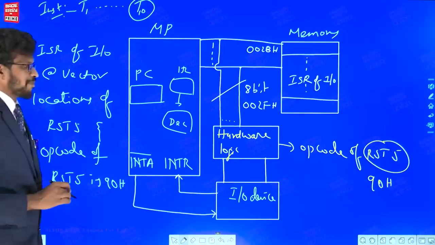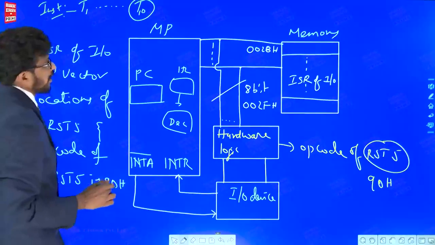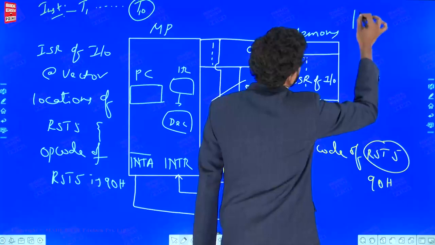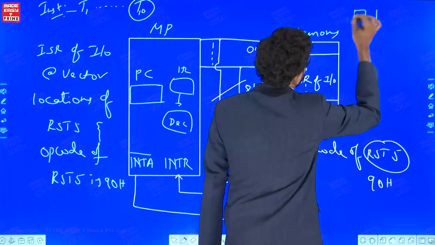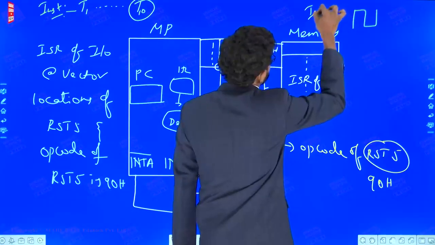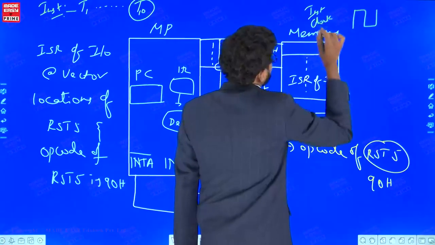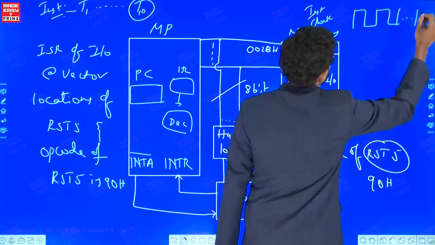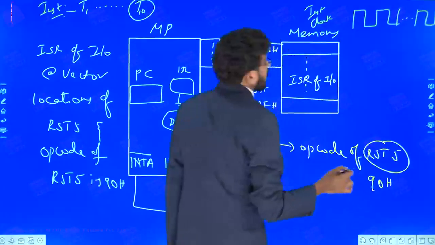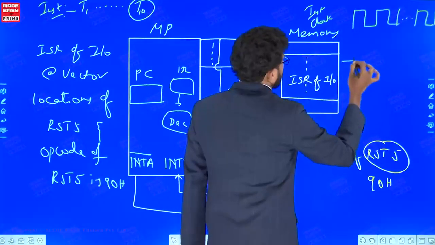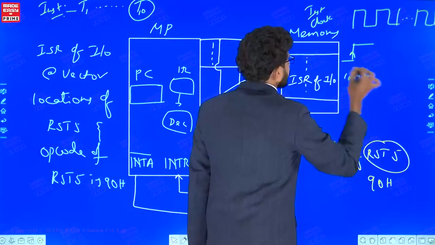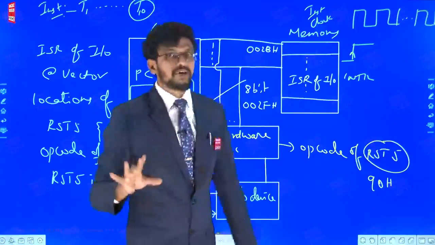So let us see what happens now. I am writing this with respect to the clock so that you can understand easily. This is the first clock of the instruction, then the second clock, and so on. This is the 10th clock. Say the INTR pin has been raised in the first clock only. You got the INTR signal in the first clock, but the processor doesn't bother.